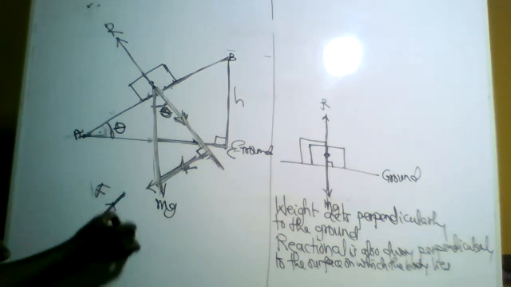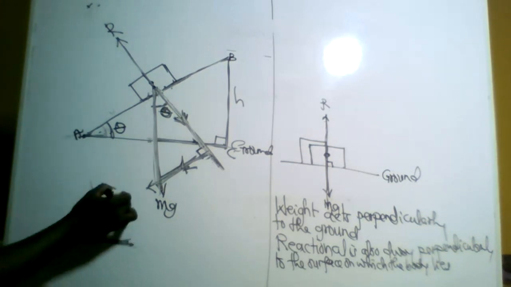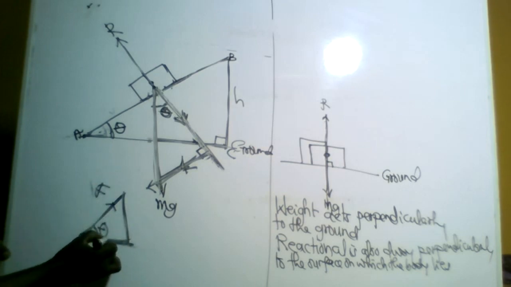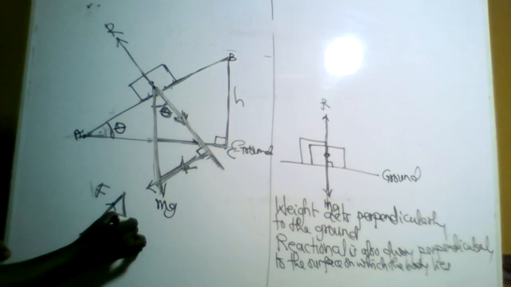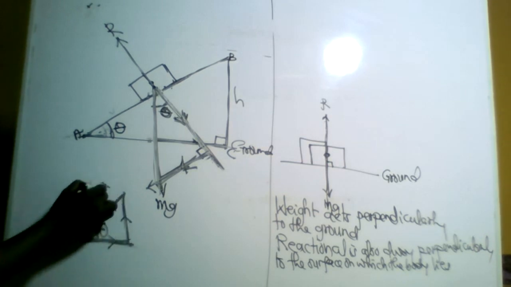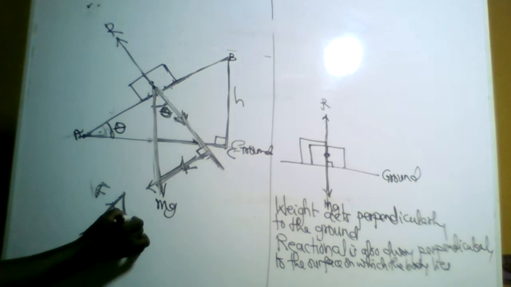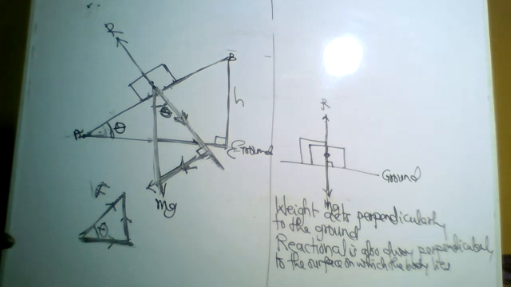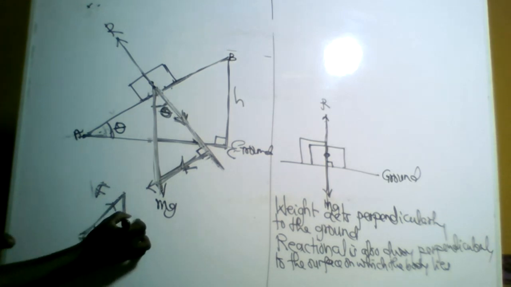When you look at the perpendicular line, you have the opposite. So you get the vertical and then the horizontal component of this. What will be this part? The opposite.